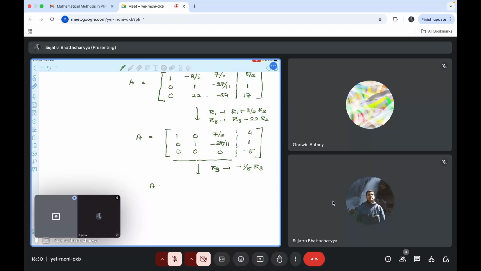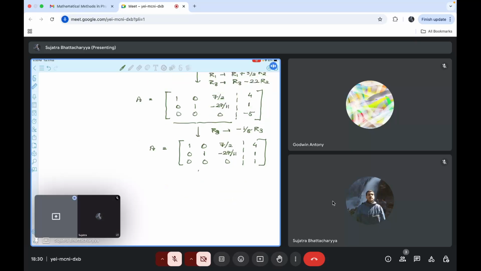So what will it be? It will be 1 0 0, 0 1 0. This will be as it is because I am performing on R3 and all these elements of R3 are 0. So there is no change here, 0. But here there will be a change: 4 1 1.